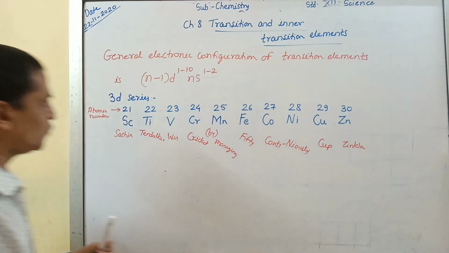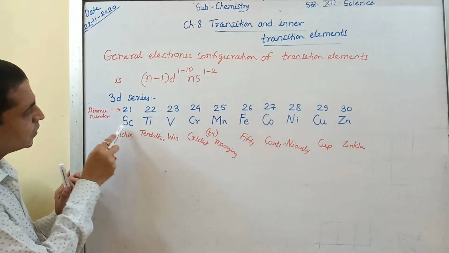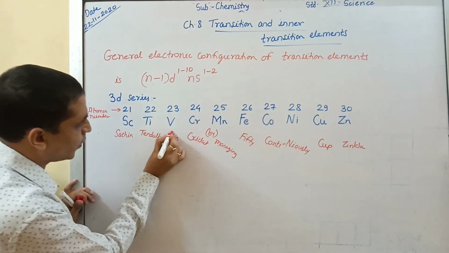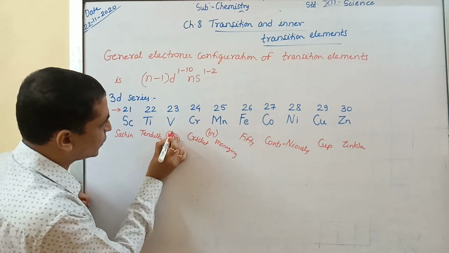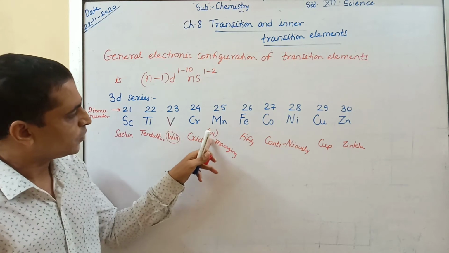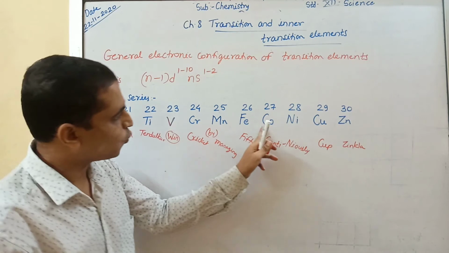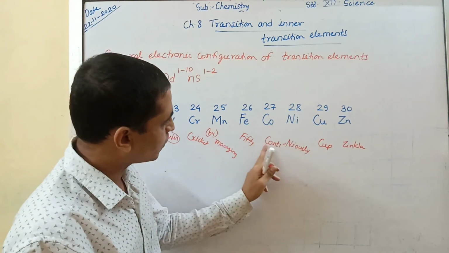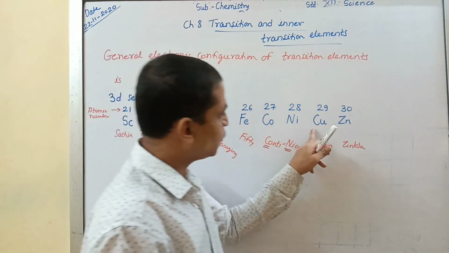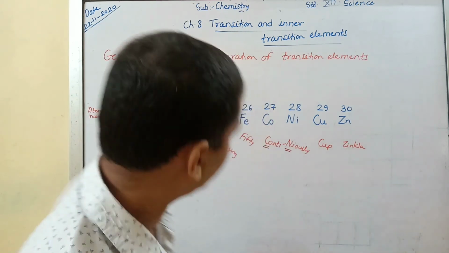This is the order to follow to remember these elements in the proper order. Sachin as Scandium, Sachin Tendulkar, Win. I put here the spelling as WIN, but you see the pronunciation, it must be V. Cricket, by, I put into bracket, managing, that is manganese, 50, cobalt and nickel, I put conti, and this nickel, continuously, Cu for cup, and Zn is what? Zinc lamp. So this is the proper order to remember.